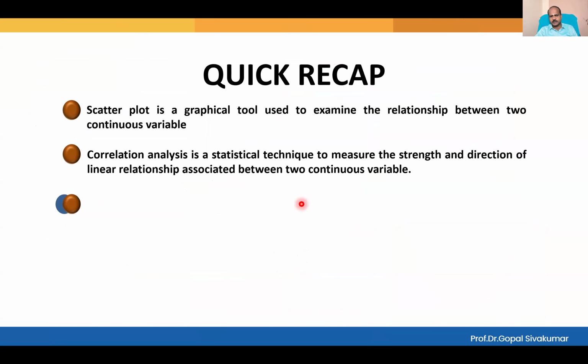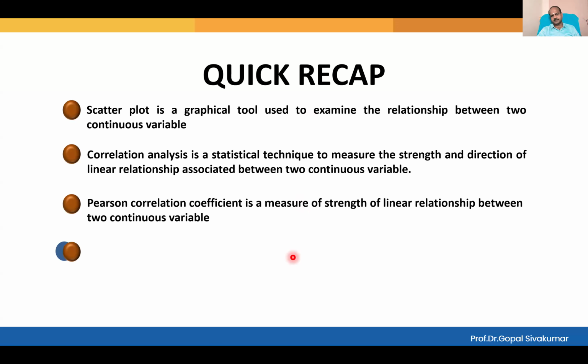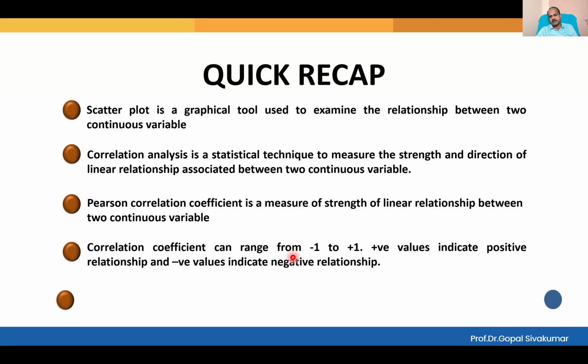Correlation can be any value between -1 and +1, and 0 to -1 refers to negative correlation, 0 to +1 refers to positive correlation.